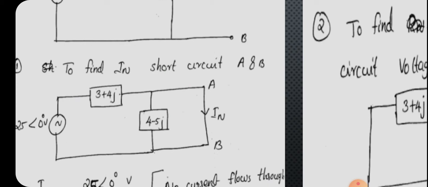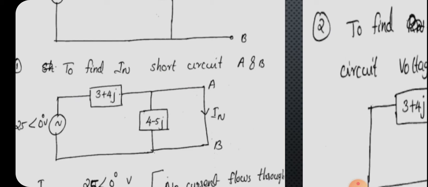In the next step we have to find out the value of IN. For finding out IN, you can see that the current due to the 25 angle 0 volt battery flows through 3 plus j4 and then through the short circuit, and it will not flow through 4 minus j5, right? Because when current reaches the meeting point of 4 minus j5 and the short circuit, it finds a path which has lesser resistance, so it will flow through that path.